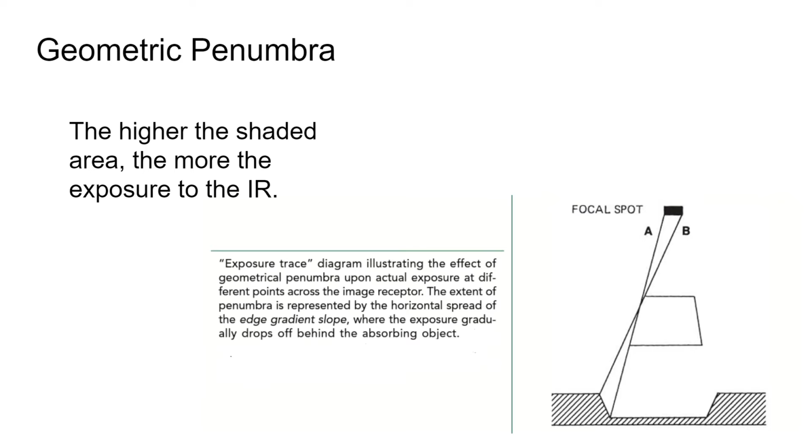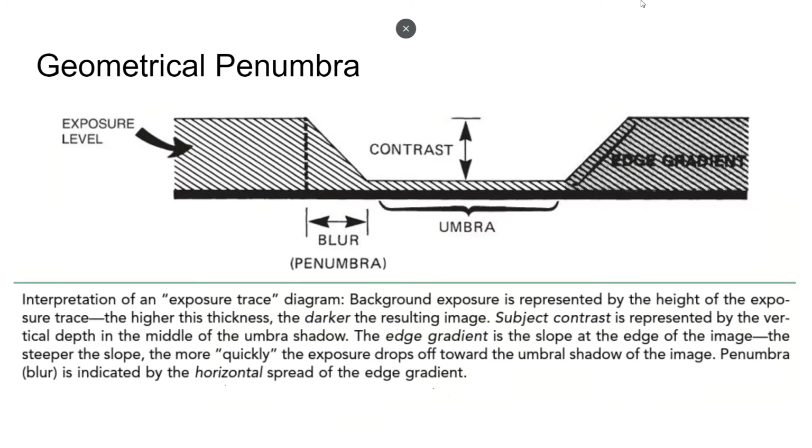So I'm just going to try to sum things up for you, but they're called exposure trace, and you need to kind of understand the lay of the land, kind of like the map that has the little thing in the corner that tells you that blue is a lake and whatnot. So you need the legend. Is that it? The map legend? So the next slide here is where you really get the map legend on the trace diagram.